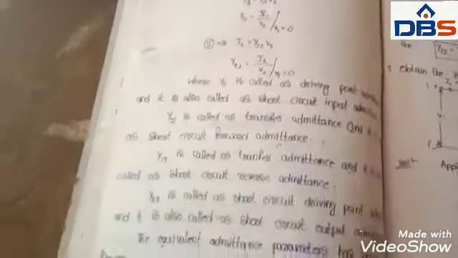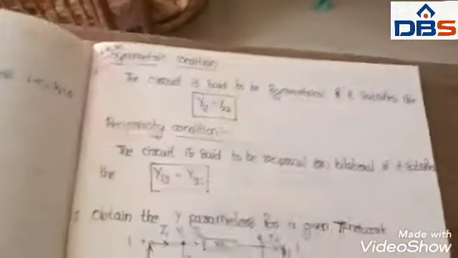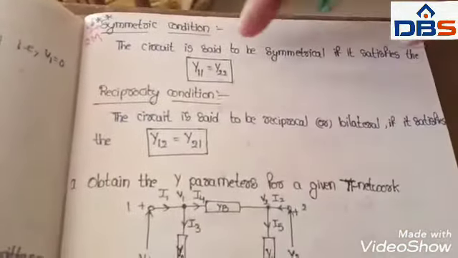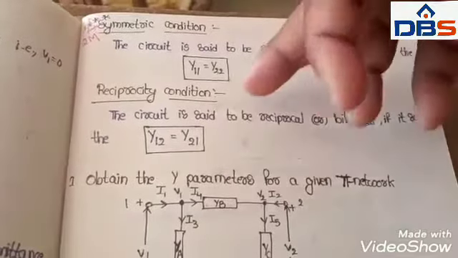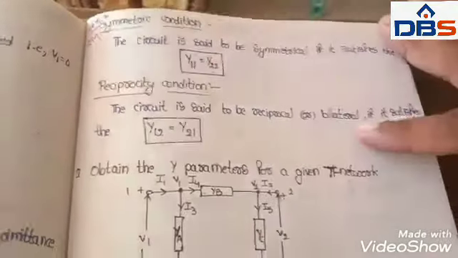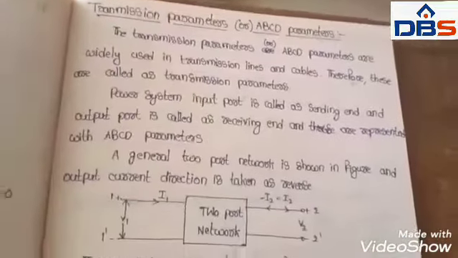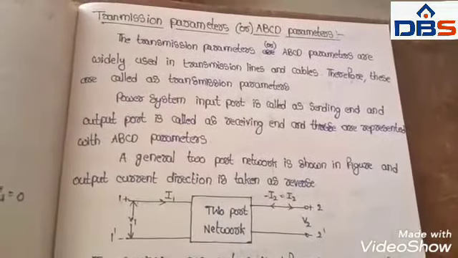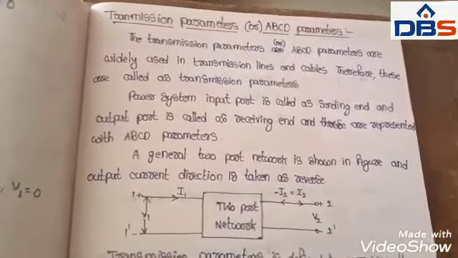Now the symmetric condition for Y parameters is Y11 equal to Y22, and the reciprocity condition for Y parameters is Y12 equal to Y21.